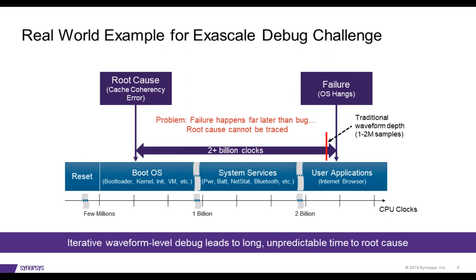If you're doing traditional waveform level debug, and the typical sample length is 1 to 2 million cycles, you can imagine how many iterations you would require to cover the entire 2 billion space and get from failure to the root cause. This is the real problem we've seen, where the time to root cause becomes very long and unpredictable with iterative waveform level debug.